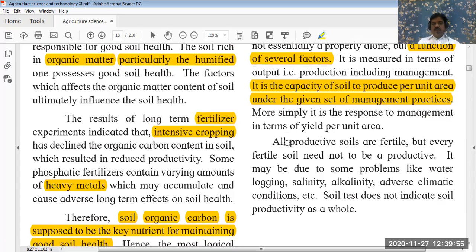Now again we have to remember that all productive soils are fertile, but every fertile soil need not be productive. What is the difference? Suppose we say that the soil of our village is productive, it means it is always fertile. If soil is not fertile, it cannot become productive. So productivity depends upon fertility.